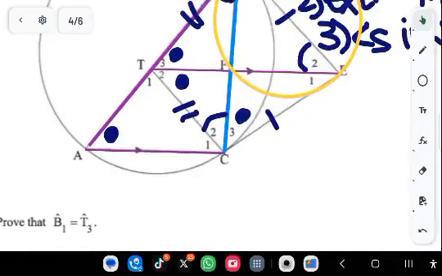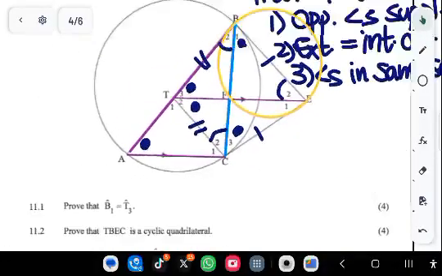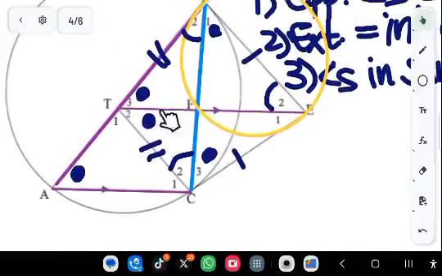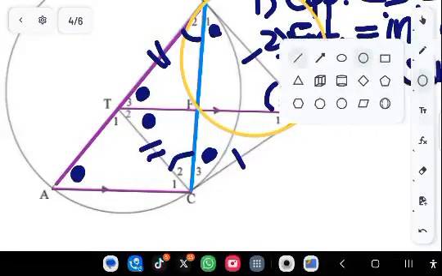Easy. We'll just prove that angle C1 is equal to angle A. How do we do that? We already have these two parallel lines.